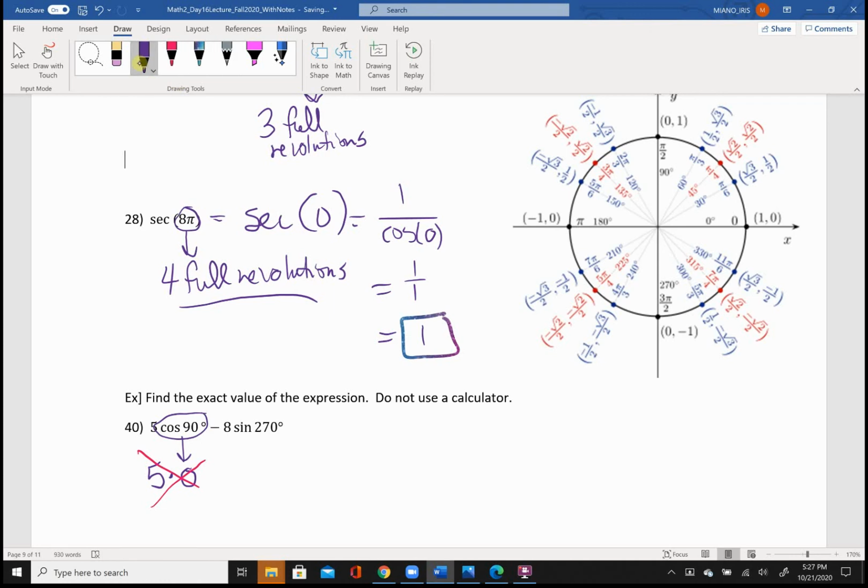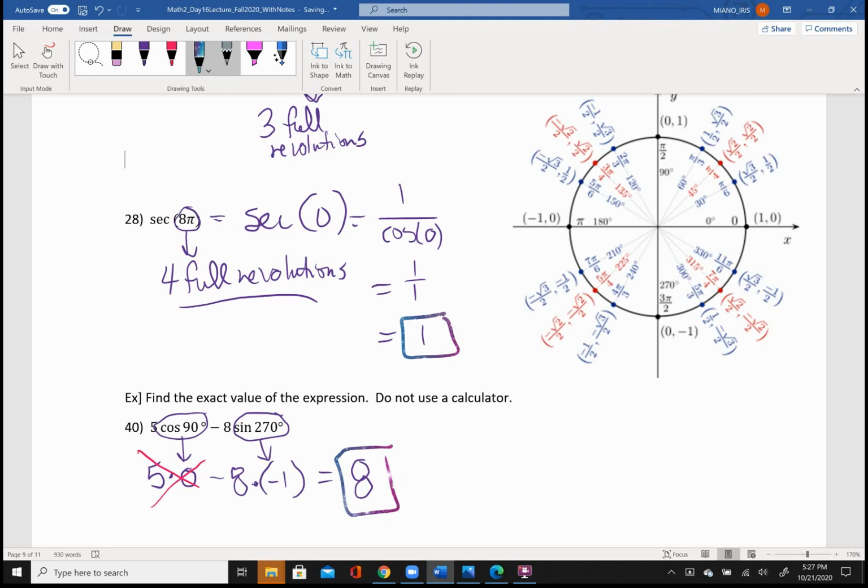And then we still have to subtract from 0 8 times, well, what's the sine of 270 degrees? Well, where's 270 degrees? It's right here. The sine of it is going to be in the y position, right? So that'll be a -1 factor that we multiply here. So therefore, this expression settles down to -8 times -1, which is a +8.